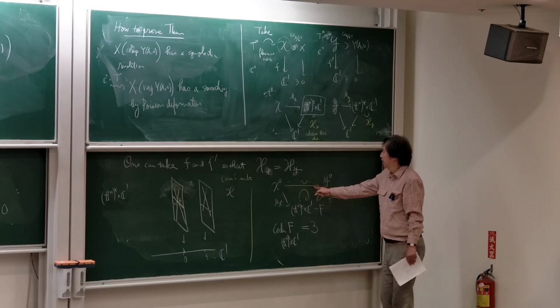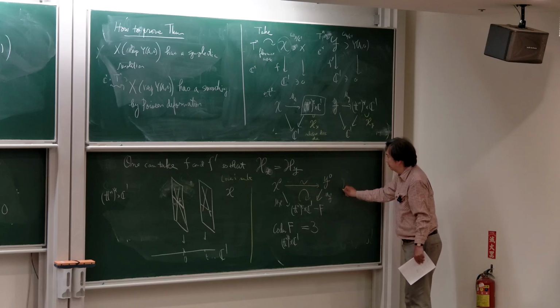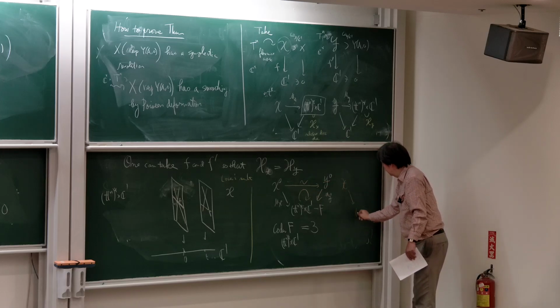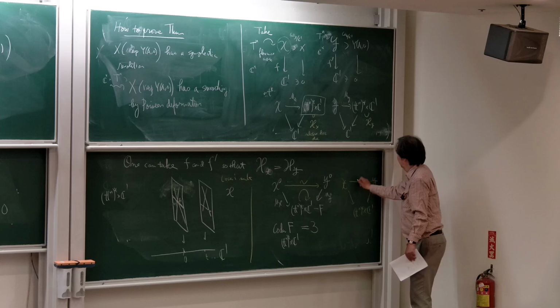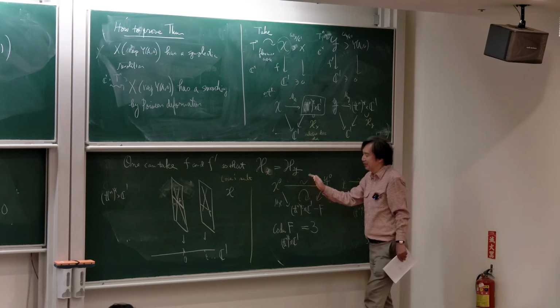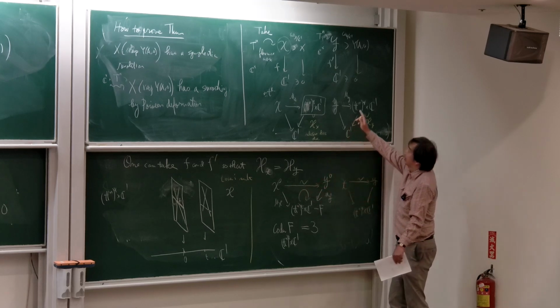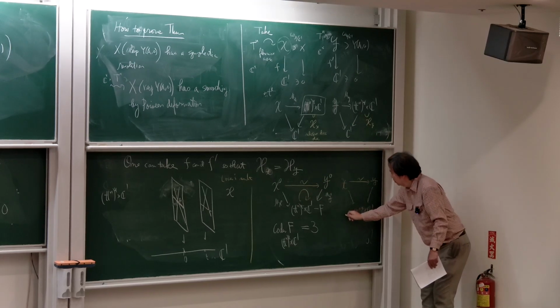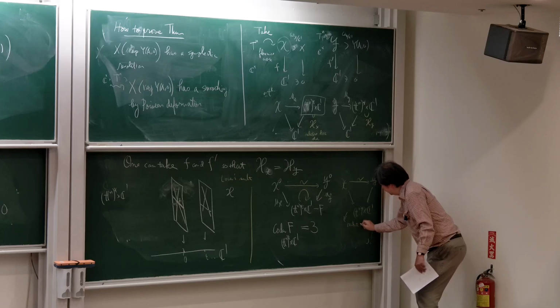But this isomorphism extends to an isomorphism of this space by the Steinness or affineness of X and Y, and restrict it to the center, to 0.